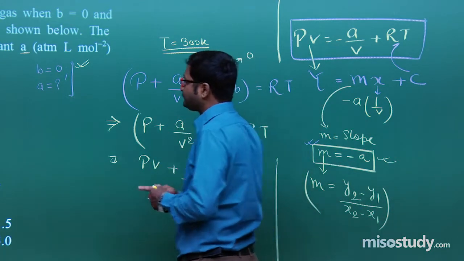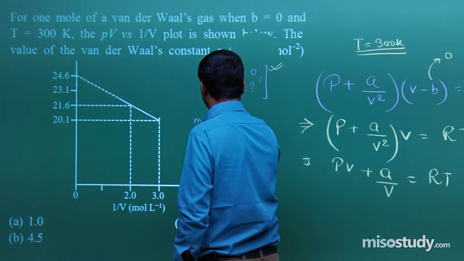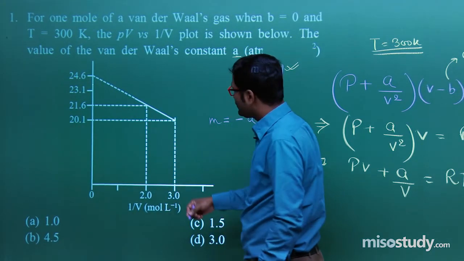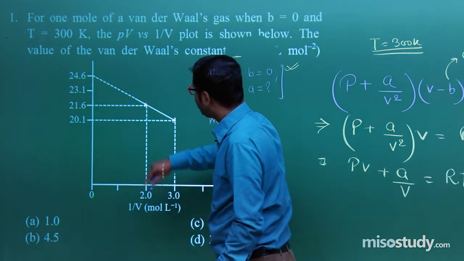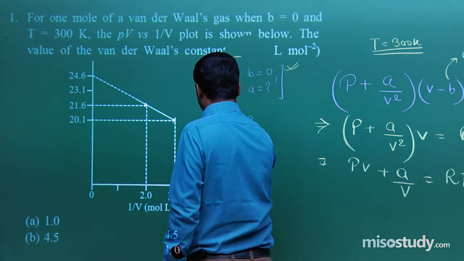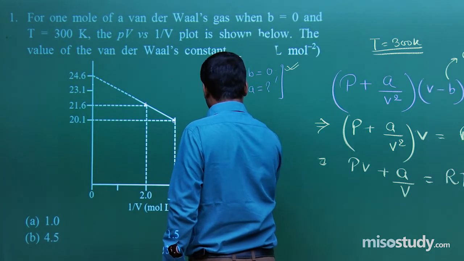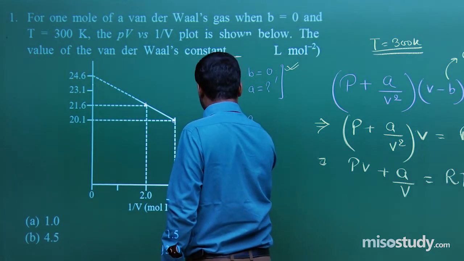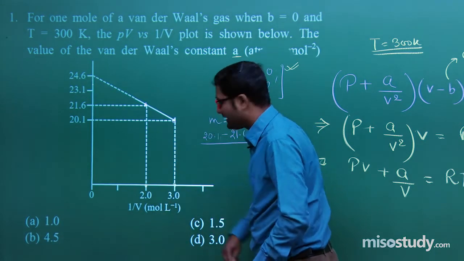Now m is equal to minus A, and what is y2? That is 20.1, y1 that is 21.6. So put here 20.1 minus 21.6 divided by x2, that is 3, minus x1, that is 2.